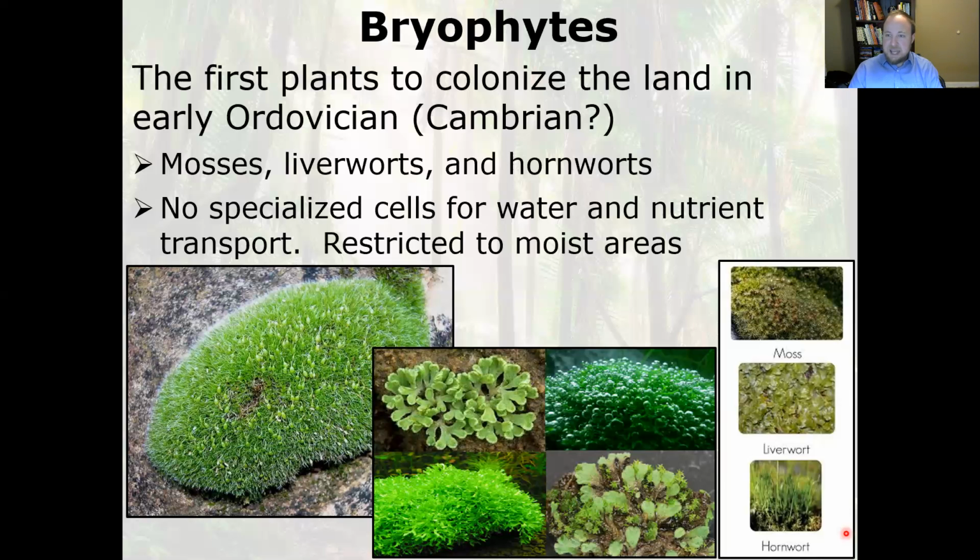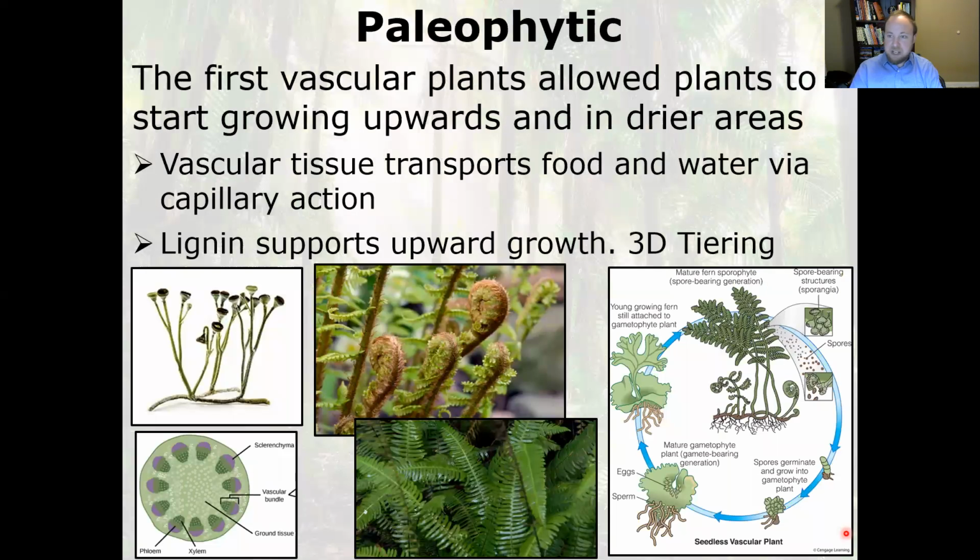The next big step is in the Paleophytic, and it defines the start of the Paleophytic. The first vascular plants appear, and again, when we think of vascular plants, vascular bundles, the xylem transports water and the phloem transports the food and also water.